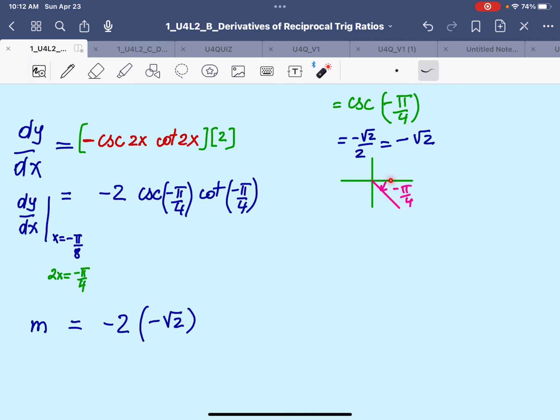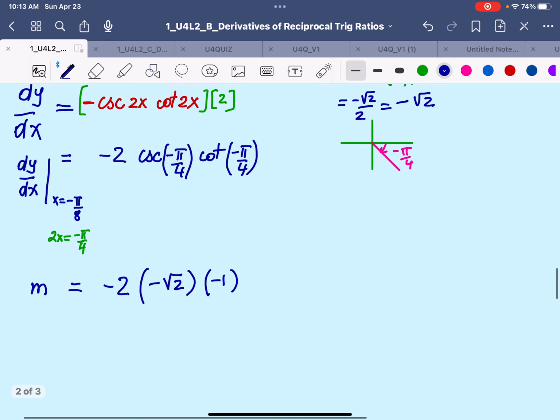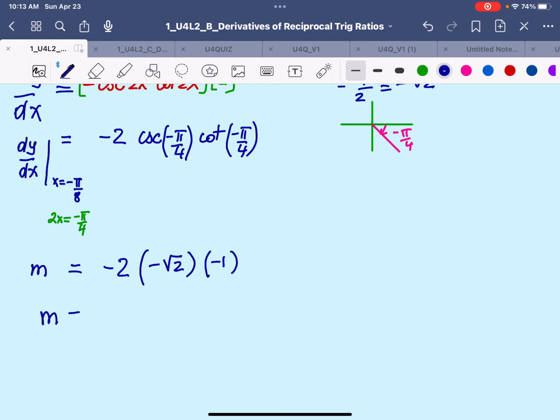In this quadrant x is positive and y negative with the same value, so cotan is negative 1. So the slope of the tangent is negative 2 root 2, because we have three negatives multiplying each other.